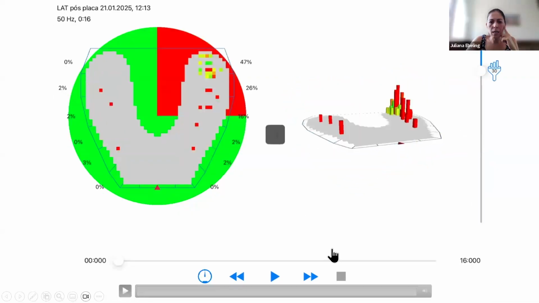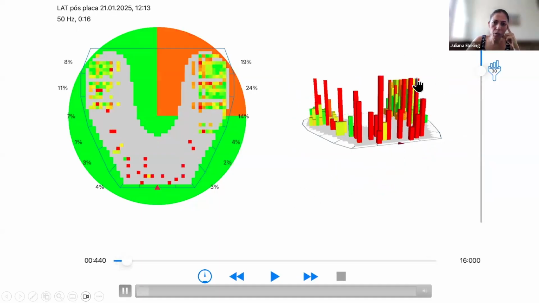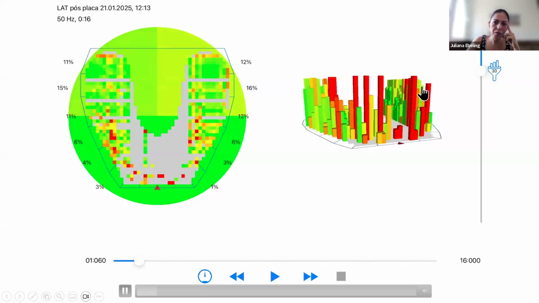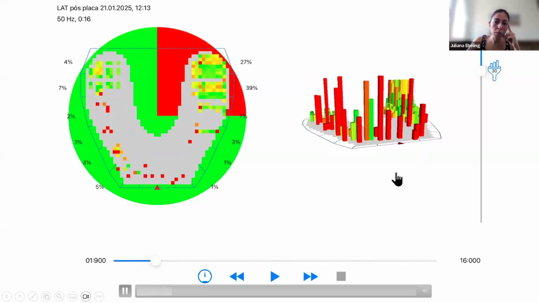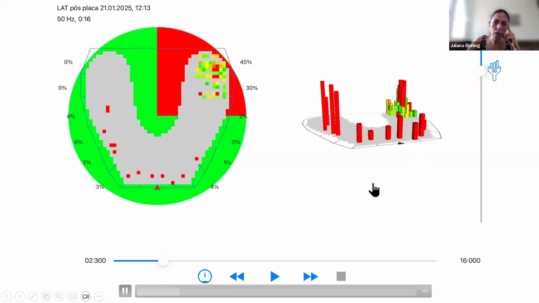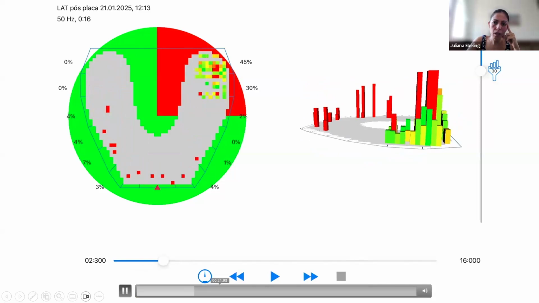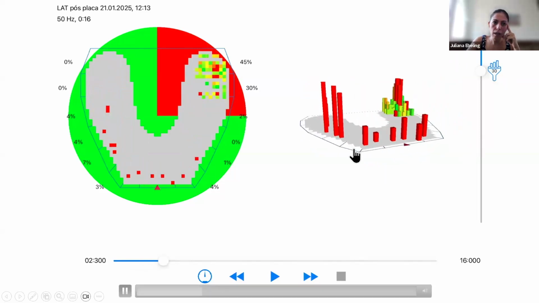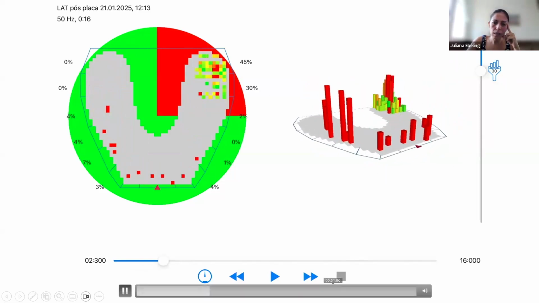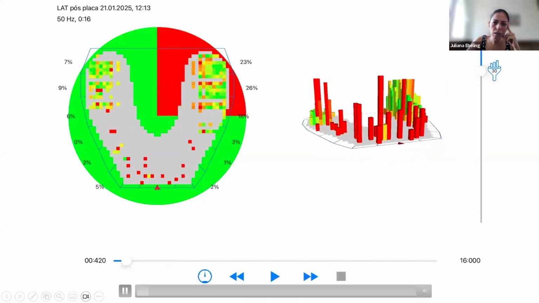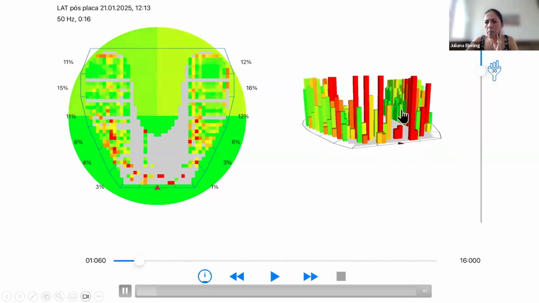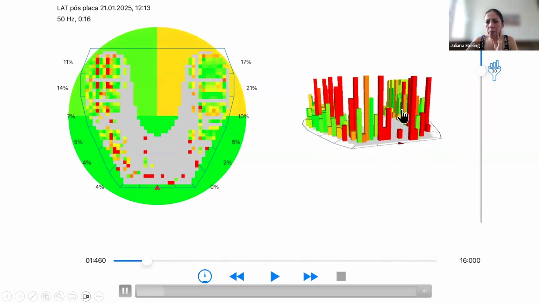And here it's lateral movement. This is very important because we can check if we have balance contacts during the movement. Look, this is, let me check if it's the right, the maximum intercuspal position.